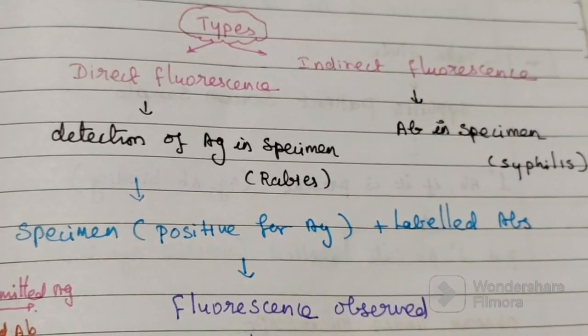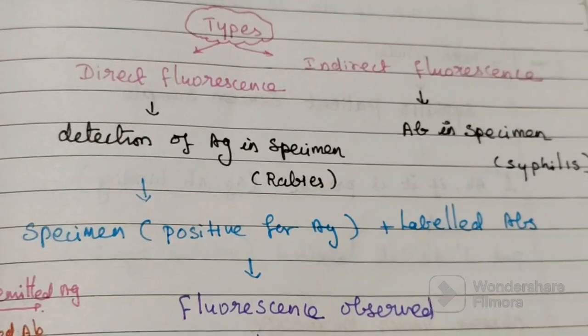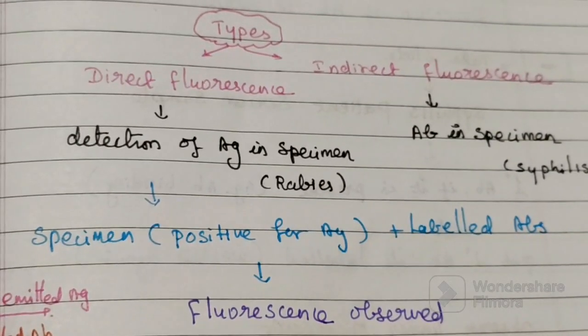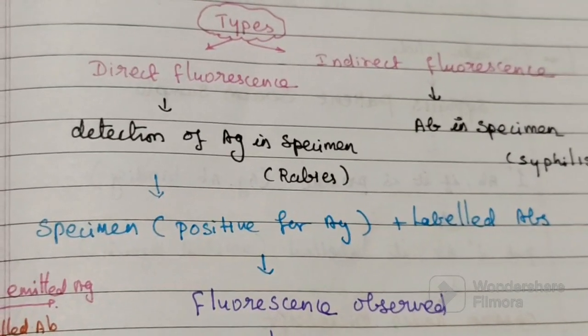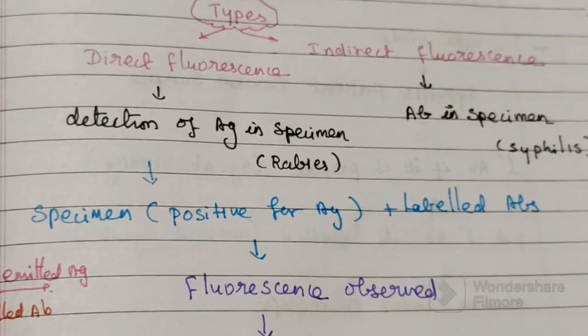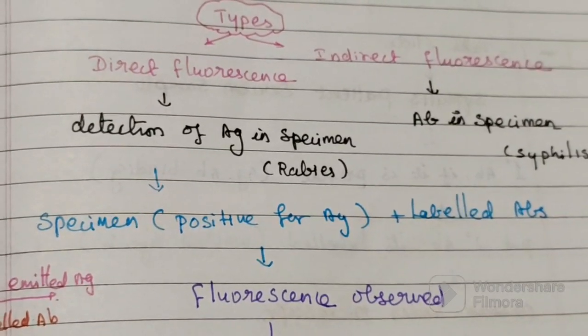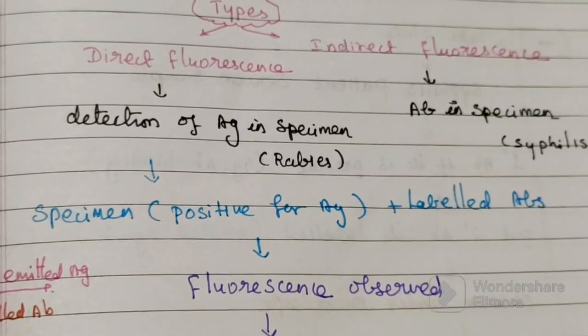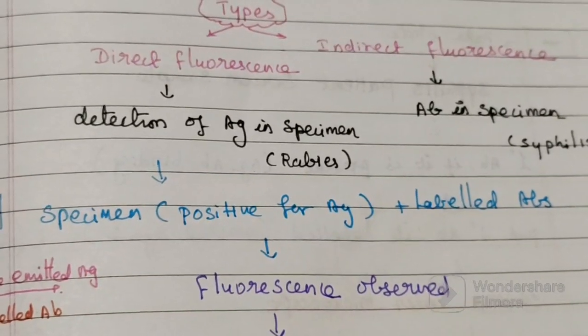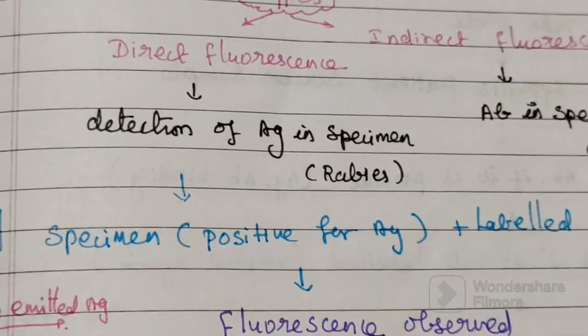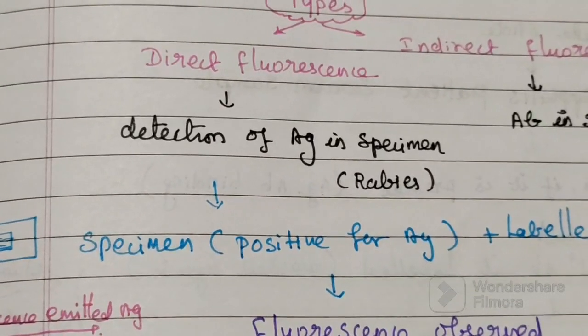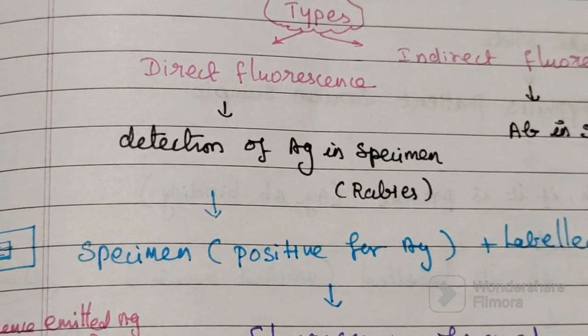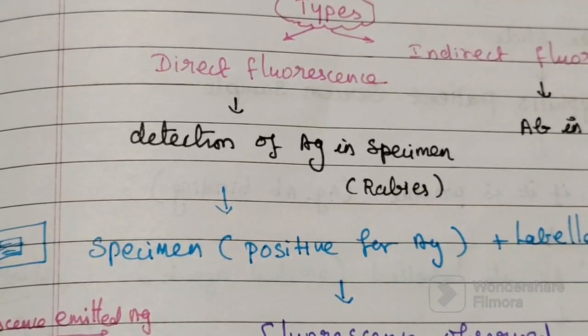Example, rabies in a brain sample. Here the antigen is rabies. We take anti-rabies antibody labeled with fluorescence and put it over the slide. It will remain for 10 minutes. After that we wash it. If antigen is present, the antibody binds with the antigen. If not present, it is washed away.